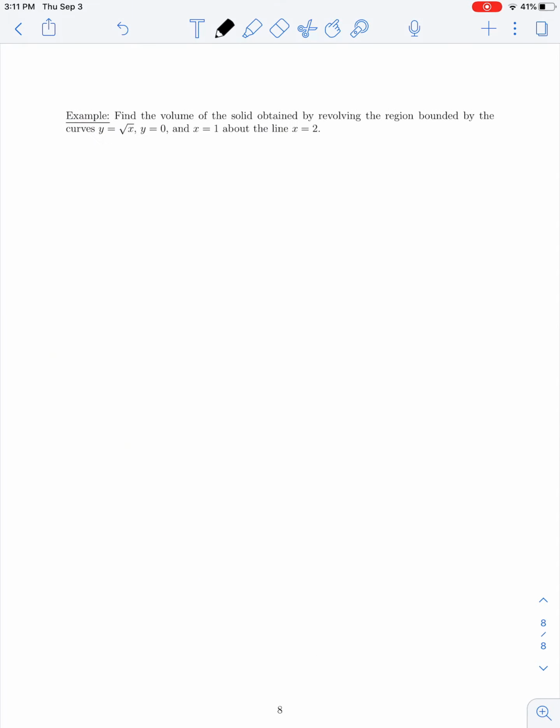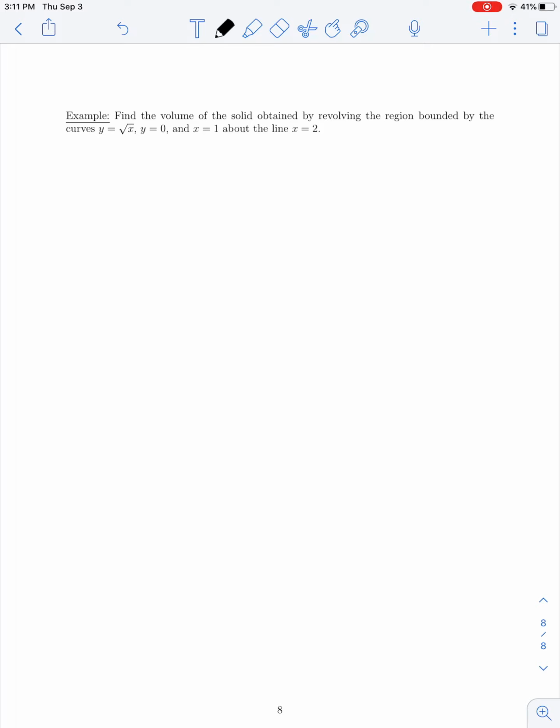So for our last example, let's consider the following problem. We are asked for the volume of the solid obtained by revolving the region bounded by the square root of x, y equals 0, which is the x-axis, and the line x equals 1 about the line x equals 2.